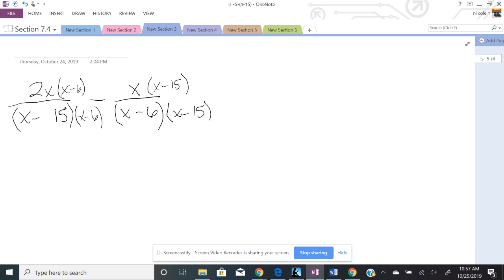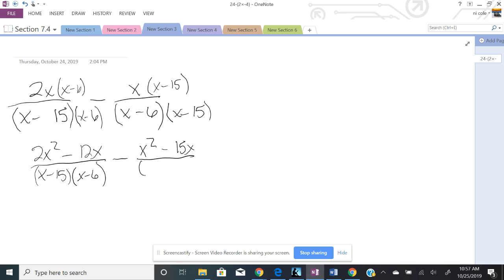All right, so now I'm going to distribute, so I get 2x squared minus 12x over x minus 15 and x minus 6 minus x squared minus 15x all over x minus 6, x minus 15.